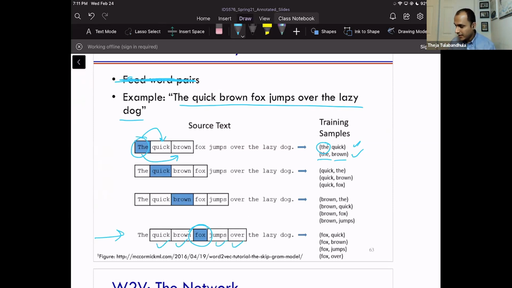One example is fox and the nearby word quick. The second is fox and brown. A third is fox and jumps. And a fourth is fox and over. These are all training examples. For the same word, if you want to predict 4 different things, intuitively we just want the 4 coordinates of the score vector to have hopefully high values.